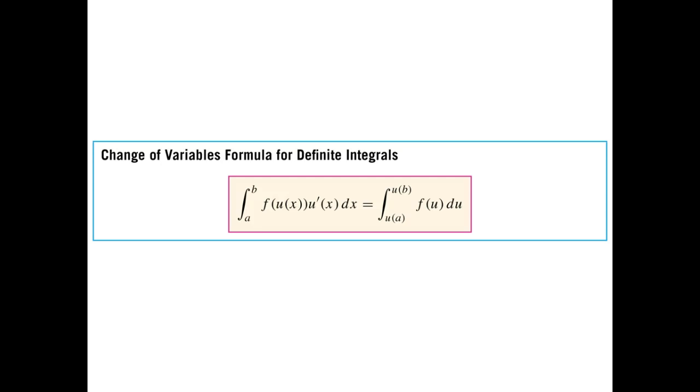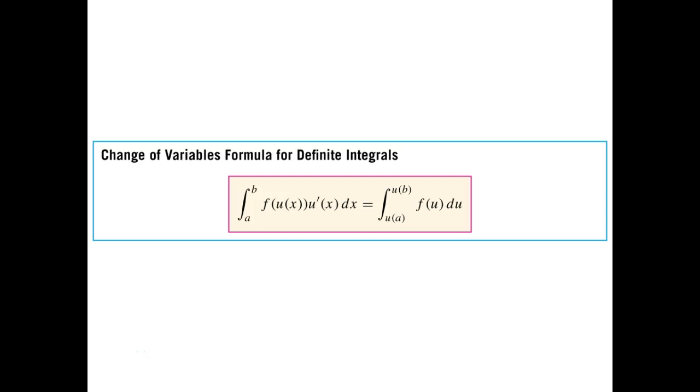And here's what we do. Rather than forgetting about the limits and doing that and then getting back to x's again, why not, when you make your substitution, figure out what u of a is and u of b is, and then when you do this, you just plug those values in, and you don't have to go back again.